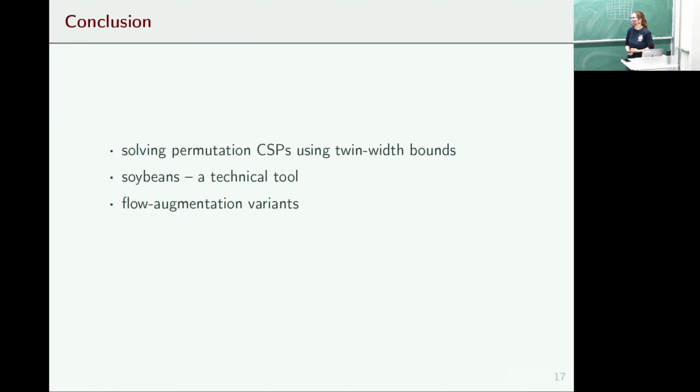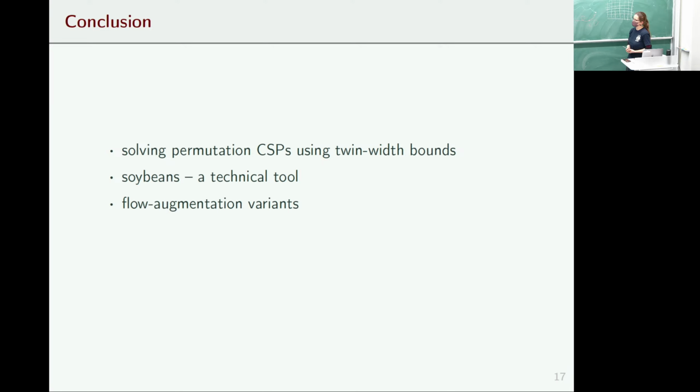Yeah, the soybeans are a rather technical tool. I'm not sure whether you can find other applications for it, but maybe in a similar way people can come up with something.